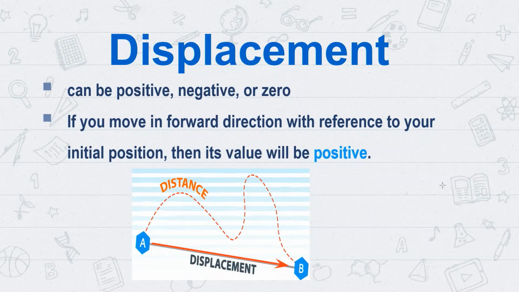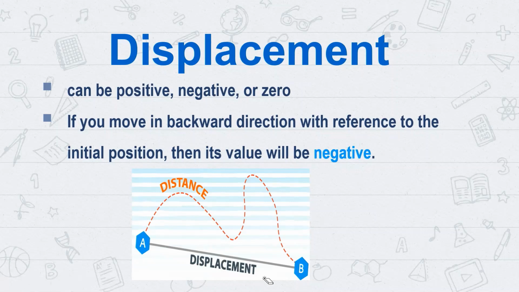When you move from point A to B, the value is positive as it moves in forward direction. However, if you move in backward direction with reference to the initial position, then its value will be negative.